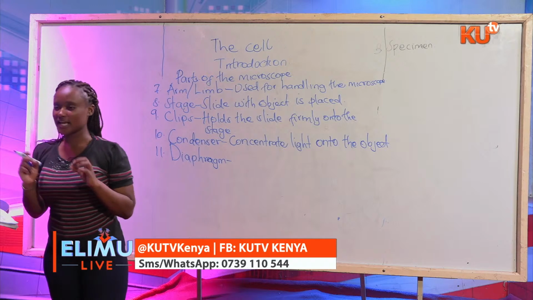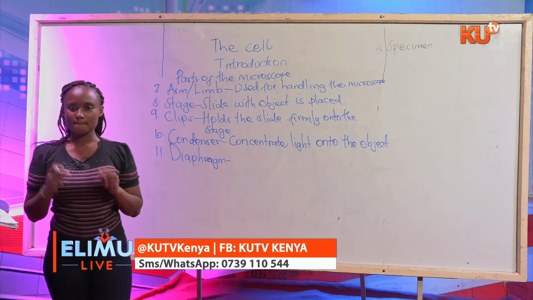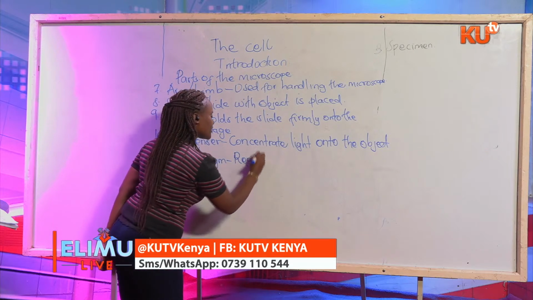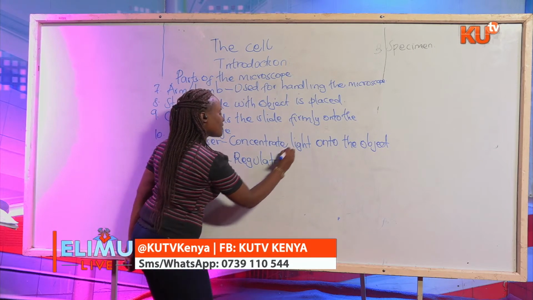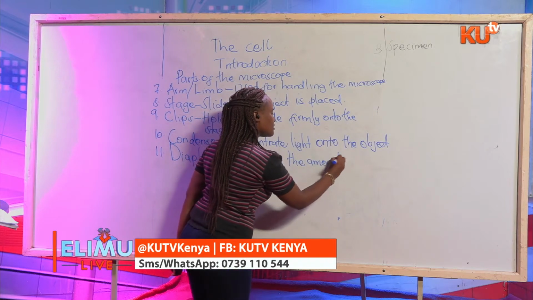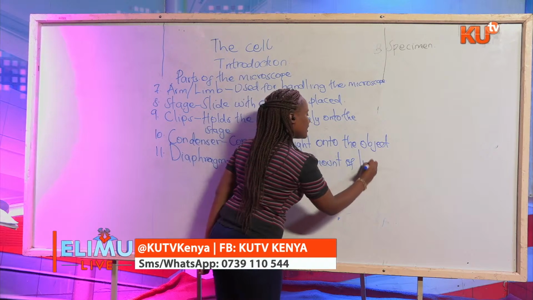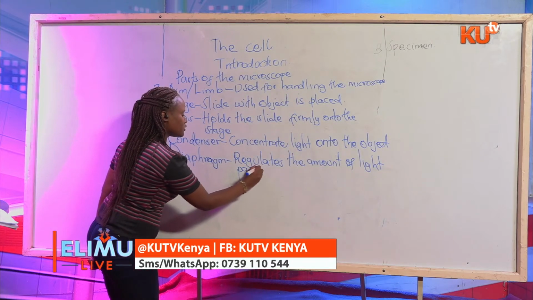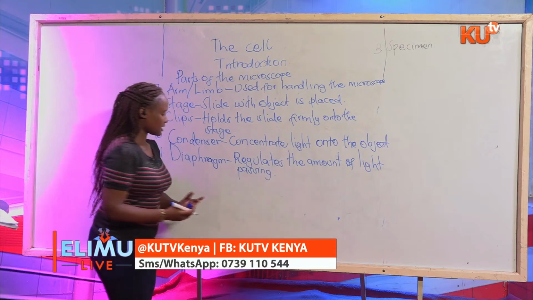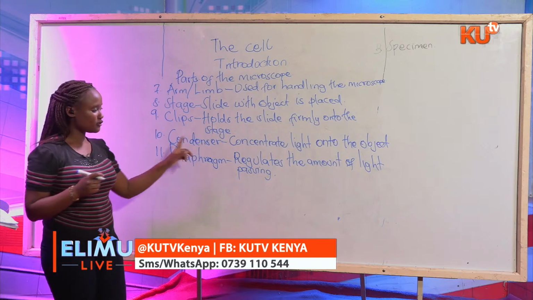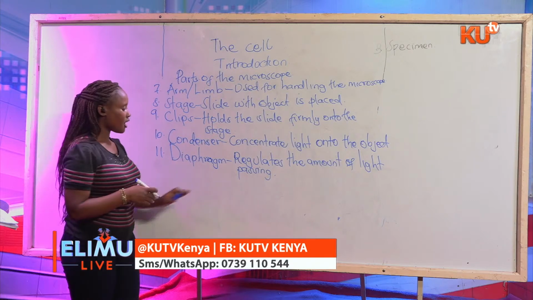The diaphragm regulates the amount of light passing. So the work of the diaphragm is that it regulates the amount of light passing through the object.